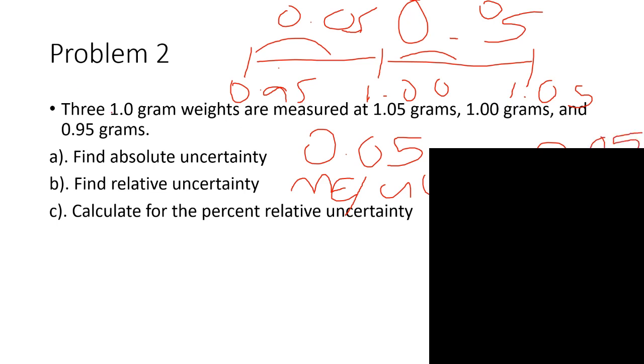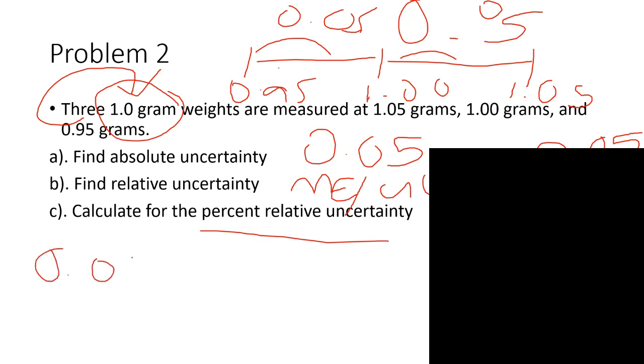Our actual value here is 1 gram, because that's the actual weight. That's just going to be 0.05. On the last question, they're asking you for the percent relative uncertainty. So 0.05 times 100 is 5%. So we have 5% relative uncertainty on these weights.